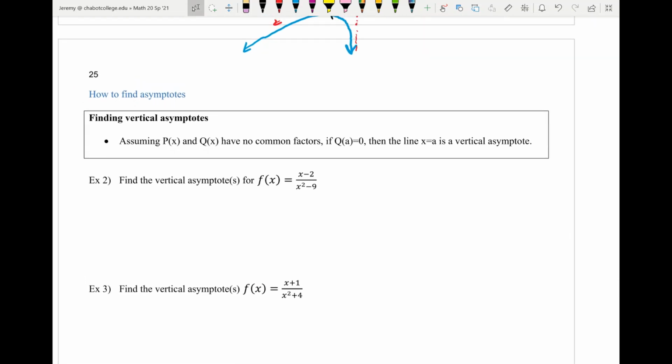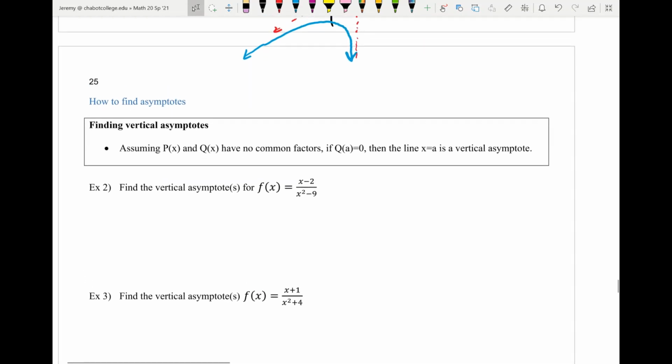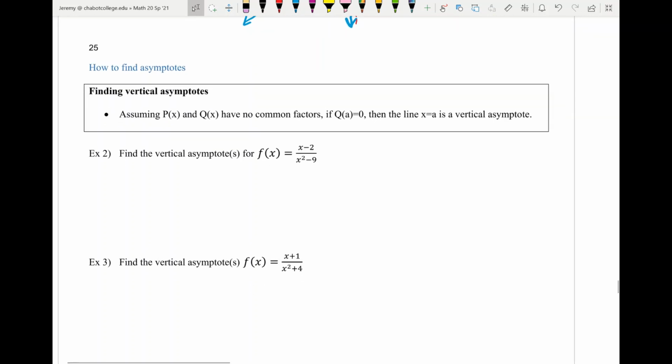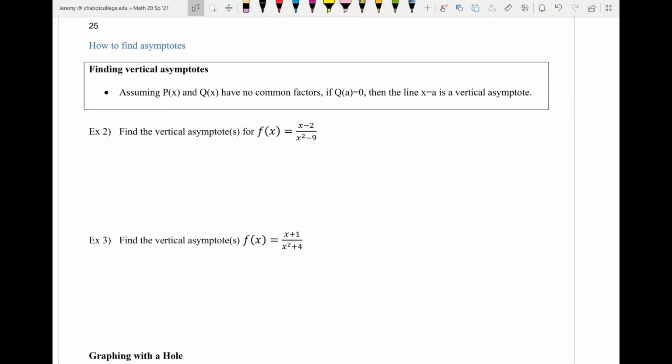Okay, let's talk about how to find these asymptotes. So let's start with vertical asymptotes. Suppose P of x and Q of x have no common factors, so that means that this rational expression can't be simplified. So if Q of a equals 0, so a is a zero of the denominator, then the line x equals a is a vertical asymptote.